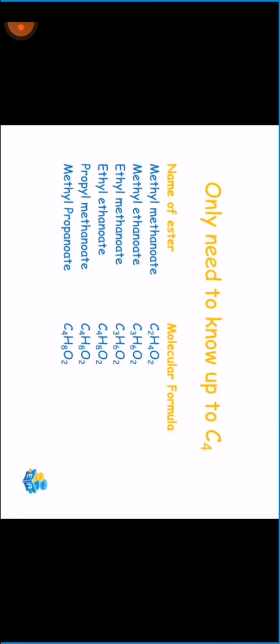When it comes to esters, you'll only ever be asked up to C4, and here is the list of all the possible ester names that can be involved with carbons up to C4. If we look at physical properties of esters, all esters are liquids at room temperature, and they have low boiling points due to their inability to undergo hydrogen bonding with each other.